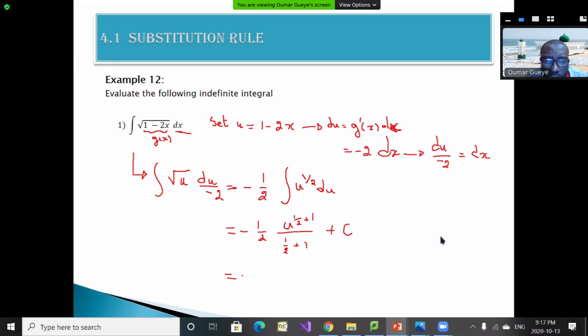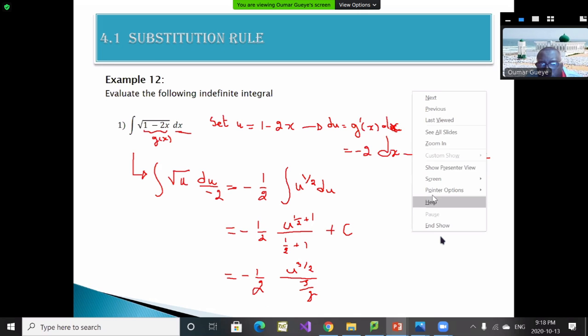So this is equal to negative 1 over 2. So we'll get u to the power 3 over 2, over 3 over 2. Okay, I'm just gonna remove it because I didn't write it correctly.